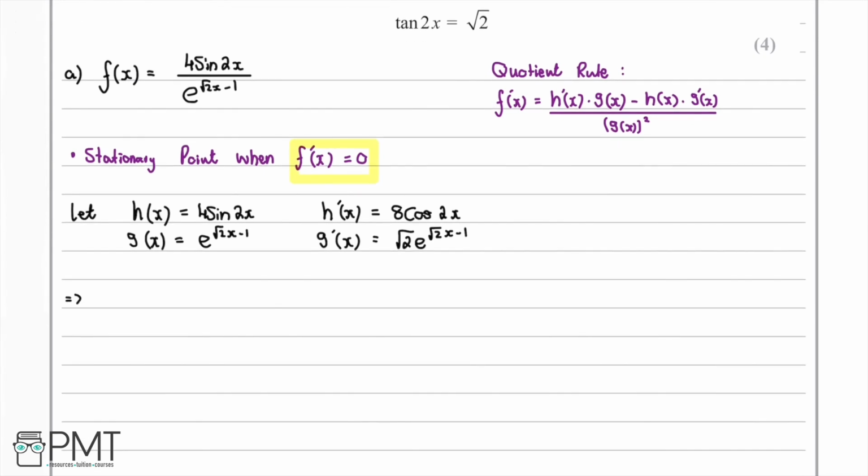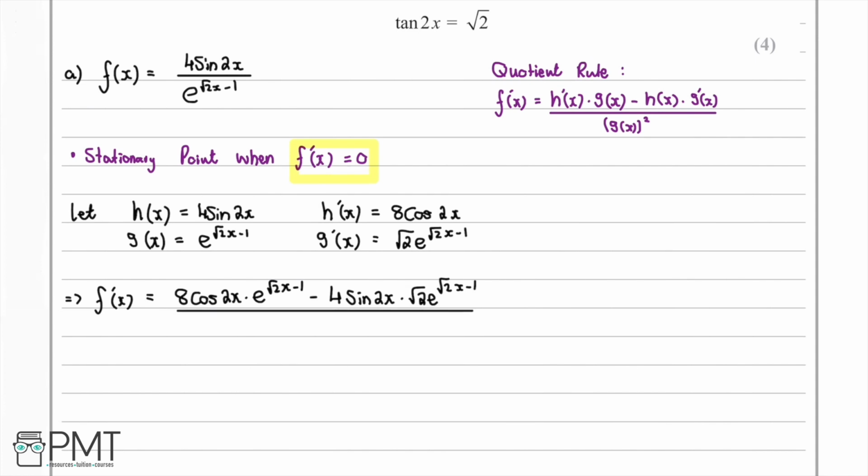So we can write that f dash of x is equal to 8 cos 2x multiplied by e to the power of root 2 x minus 1, and then we subtract h of x, so 4 sine 2x, multiplied by the derivative of g of x, so that will be root 2 e to the power of root 2 x minus 1, and then we divide all of this by g of x squared, so e to the power of root 2 x minus 1, squared.